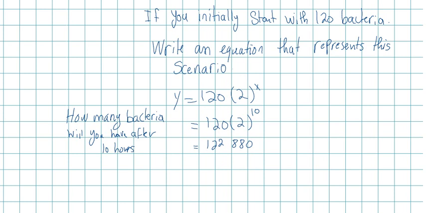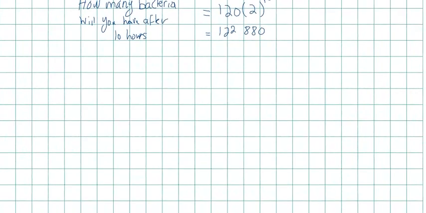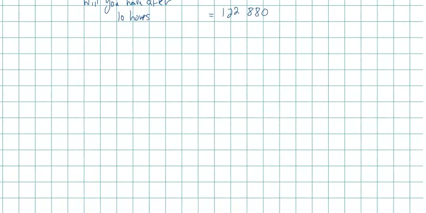Okay? So, attention, full attention on me. There are going to be 2 different types of questions. Questions that would give you the growth factor, which is double or triple, right? Or it tells you that it's half, so it's 1 over 2, right?